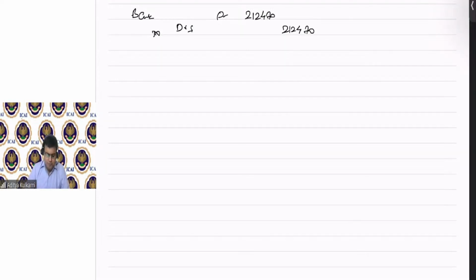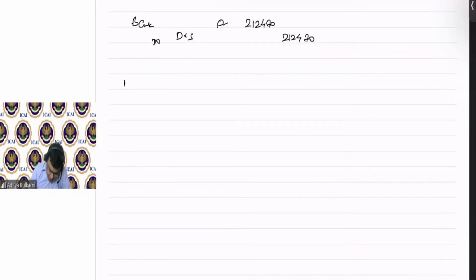So now let us start with the next one, that is non-cash consideration. What do you mean by a non-cash consideration? That means basically it is a barter transaction.